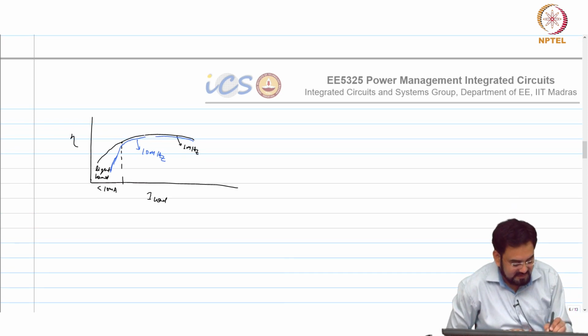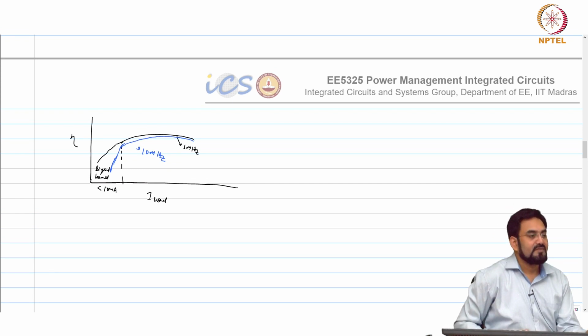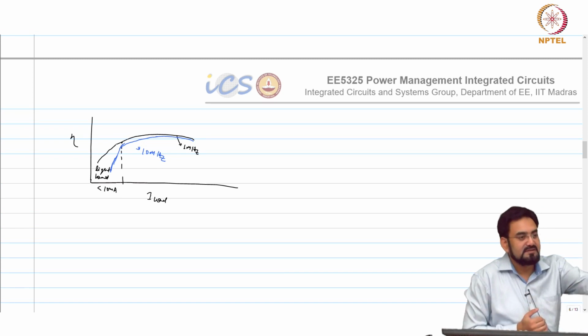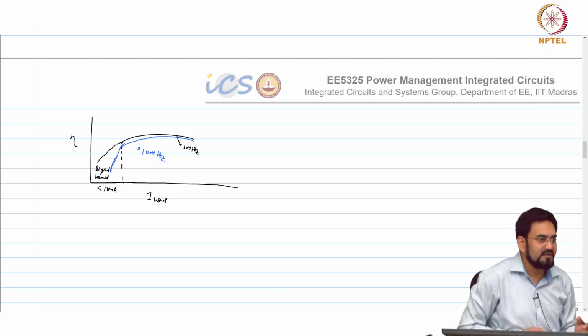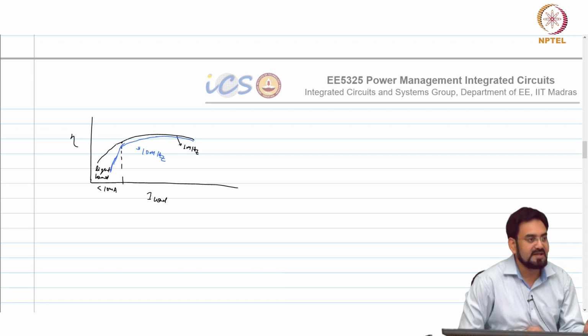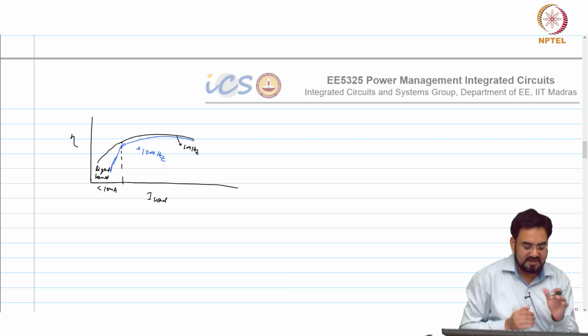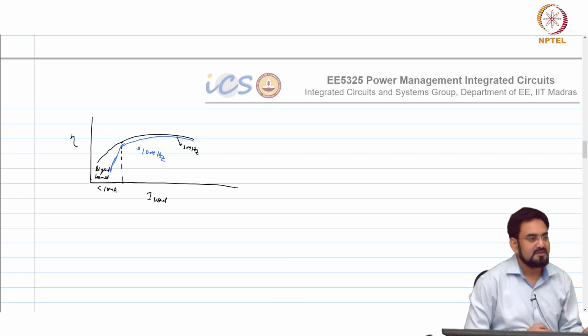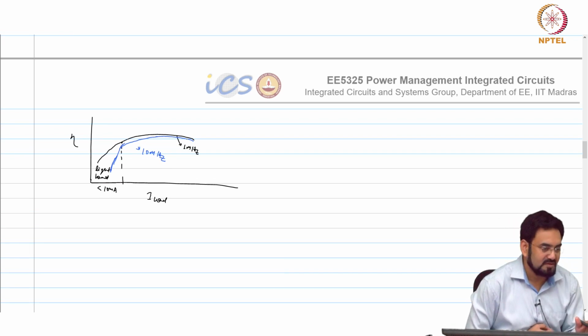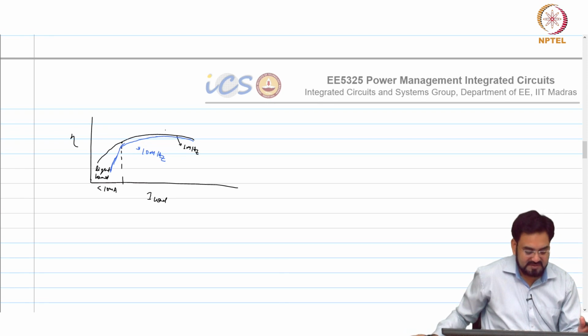So this curve will start separating from here itself, something like this. This gap will start increasing as you reduce the load current because your switching losses will be dominating and your conduction losses will be roughly the same. That is why you see very small change in efficiency.